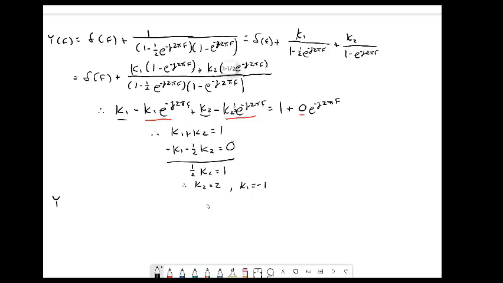So recapping then, we have our Y of f is a delta of f, plus negative 1 over 1 minus 1/2 e to the minus j2 pi f, added to a 2 over 1 minus e to the minus j2 pi f.